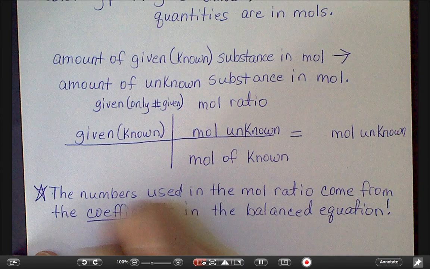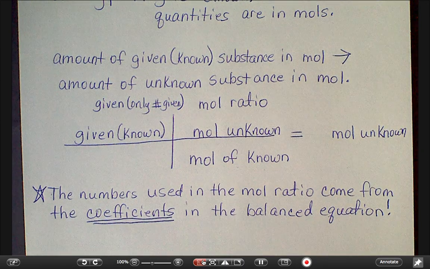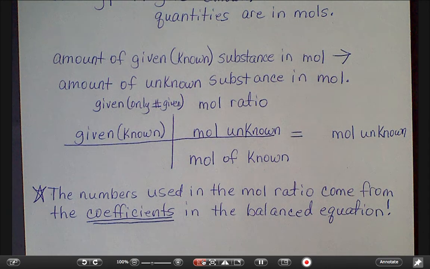Coefficients. Somebody tell me, what is the coefficient in a balanced equation? The big numbers in front. Everybody understand? Okay.